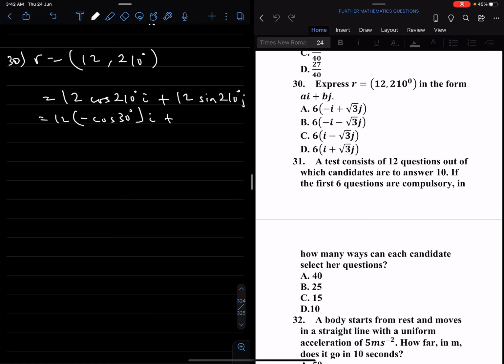That's 12 times minus cos 30 degrees I plus 12 times sine 210, which is minus sine 30 degrees J.